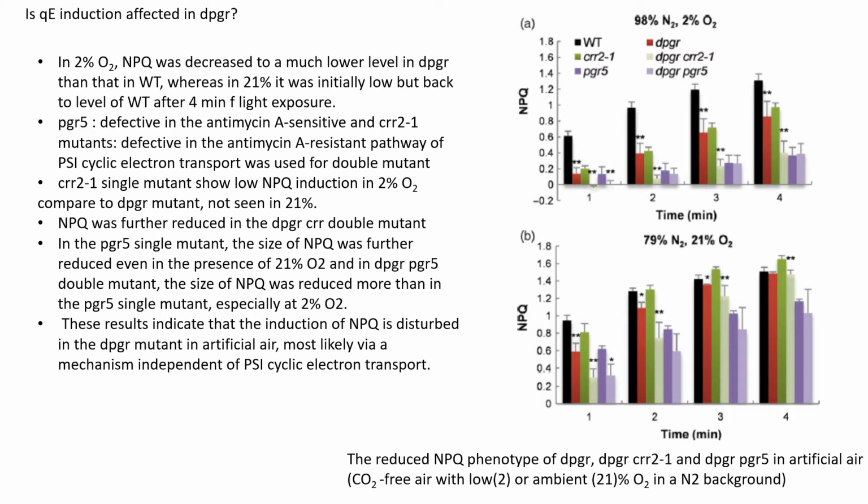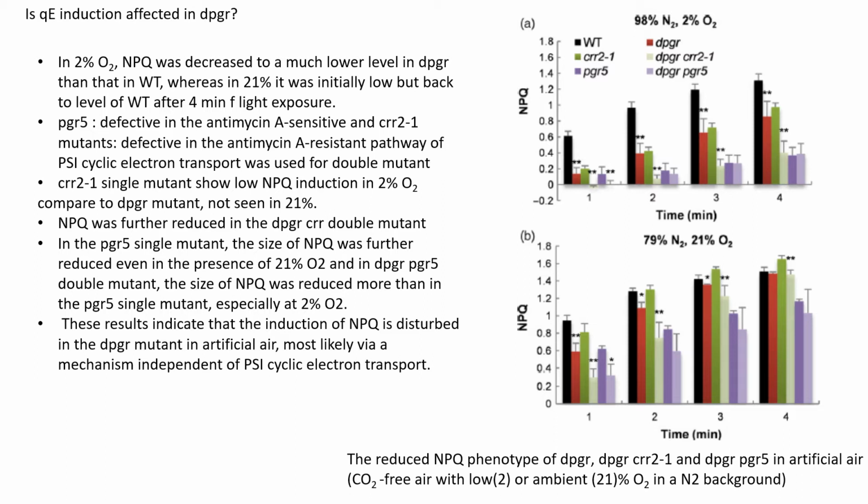The first kind of environment that was used was with 2% oxygen, and in that 2% oxygen level, it was seen that the NPQ was decreased in the case of the DPGR mutant, which is shown by the red bars in graph A, compared to the wild type, which is represented by the black bars.